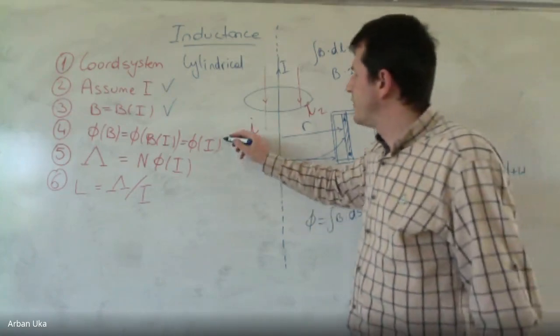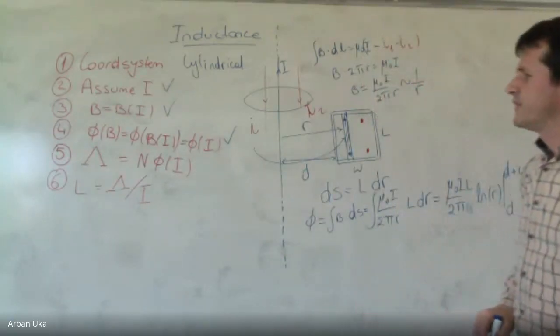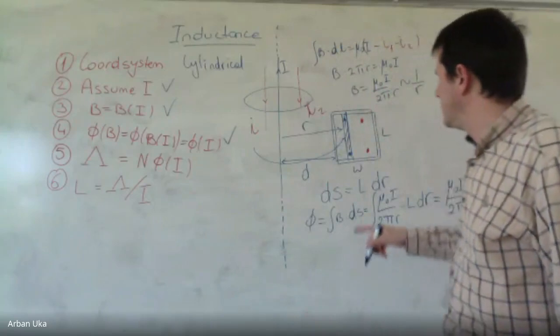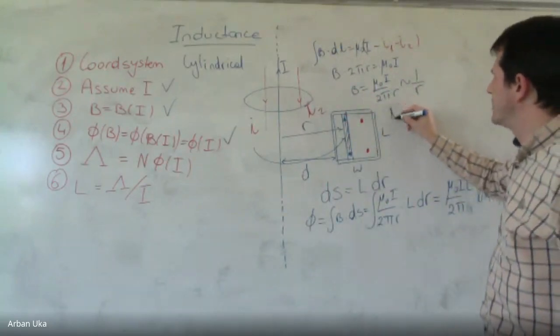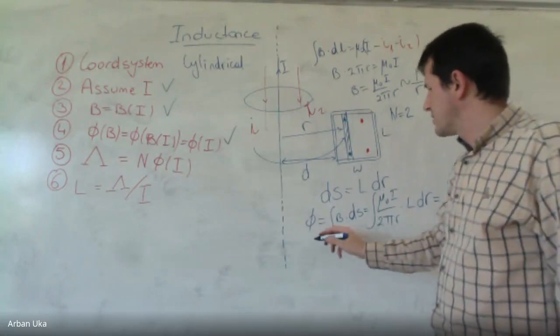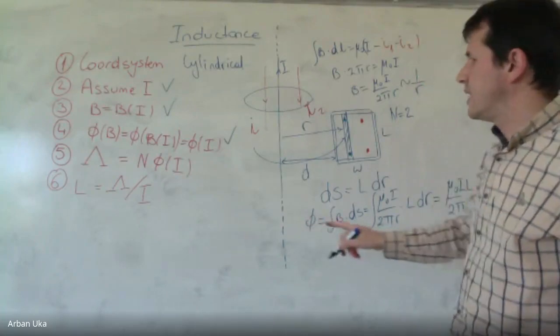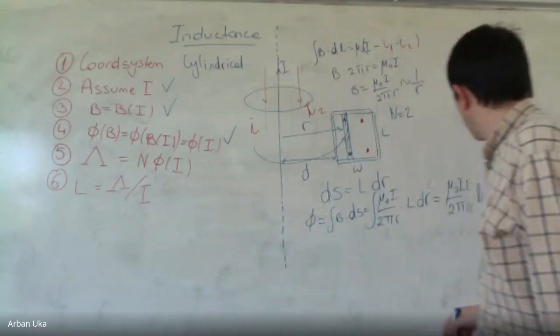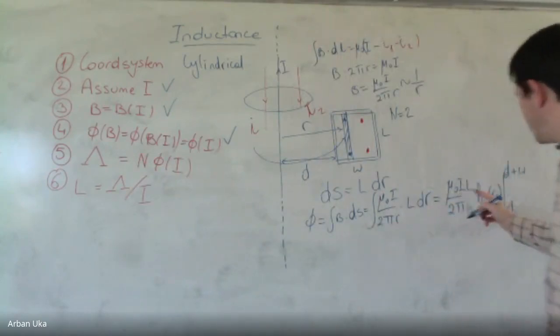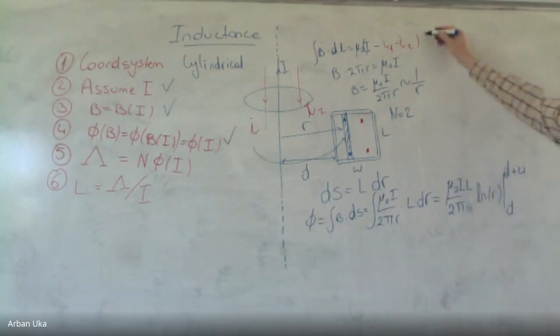So it looks like we found this flux. The next step is that we need to find the flux linkage, which is N times the flux, and in this case N is 2. I tried to draw this one here like a couple of wires going on top of each other. So by multiplying this by 2, I find this expression. So maybe, let's also find the flux based on this expression here.